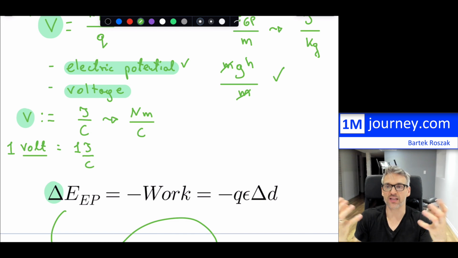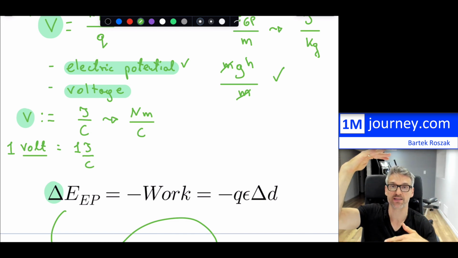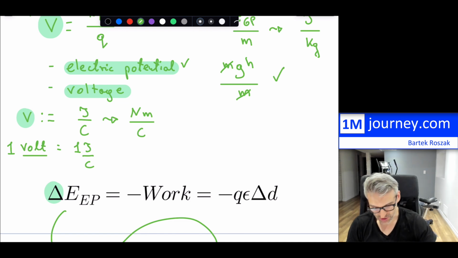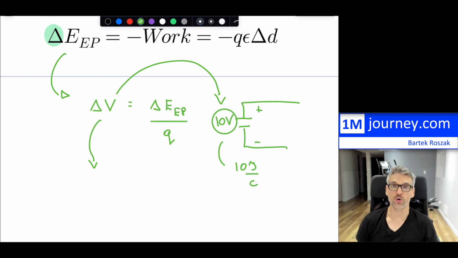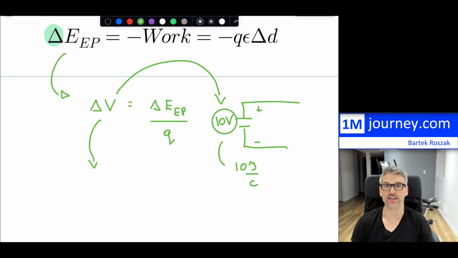So we often say voltage at a point, or a voltage across, between two points in an electric field, from one point to another. So in summary, this right here is called the voltage difference, or the difference in the voltage between two particular points in an electric field.